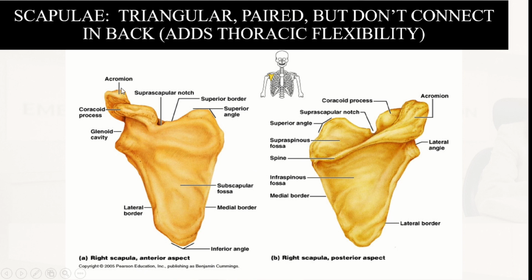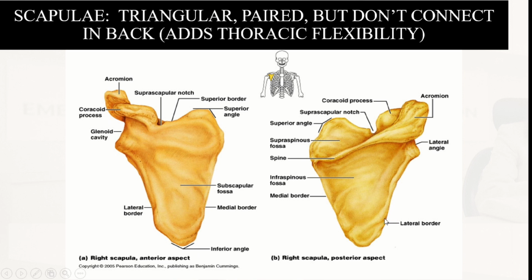So this is the acromion, the coracoid process, the suprascapular notch, the superior border, and the superior angle, then the glenoid cavity here, the lateral border here, the subscapular fossa here, the medial border here, then the inferior angle this side.